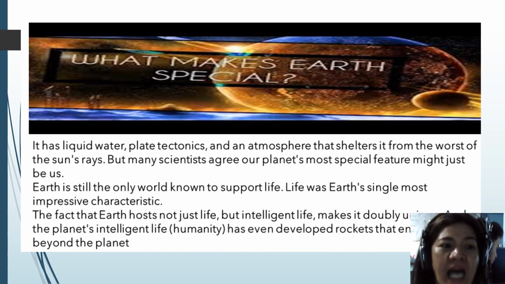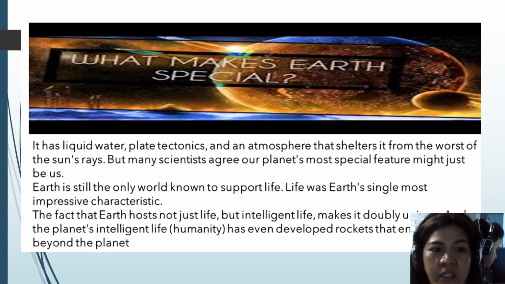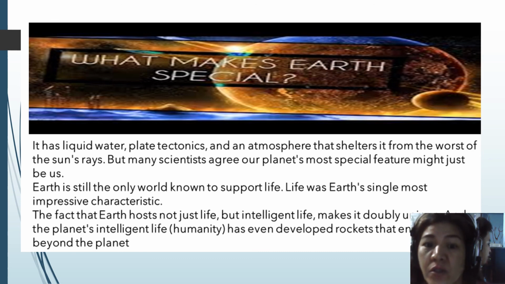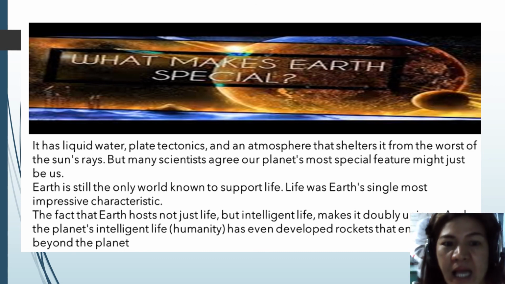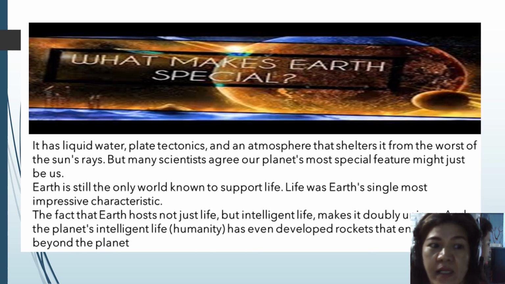Earth has liquid water, plate tectonics, and an atmosphere that shelters it from the worst of the sun's rays. But many scientists agree our planet's most special feature might just be us. Earth is still the only world known to support life. Life is Earth's single most impressive characteristic.